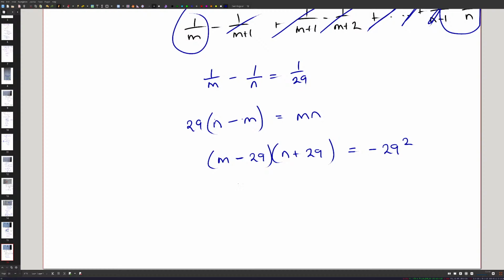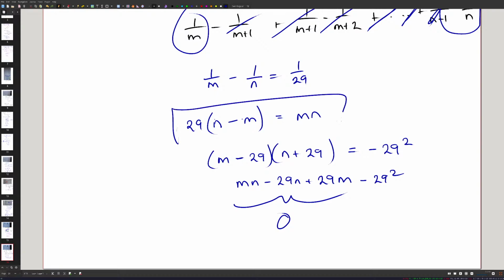Because this expands to mn minus 29n plus 29m minus 29 squared, and this part over here is 0 because of this equation.